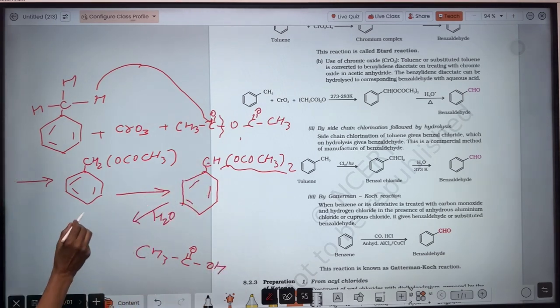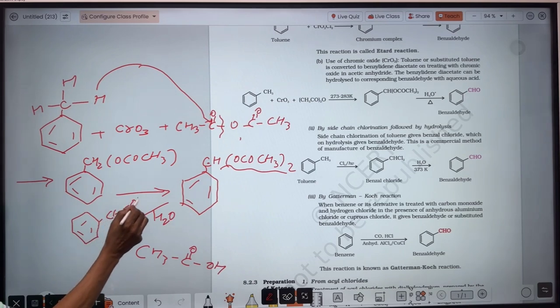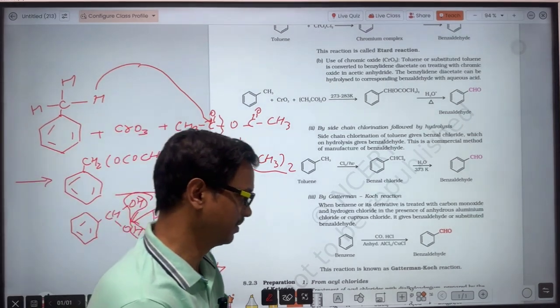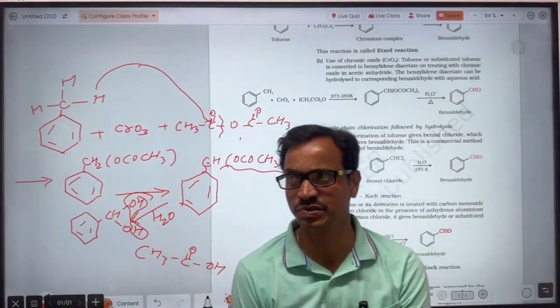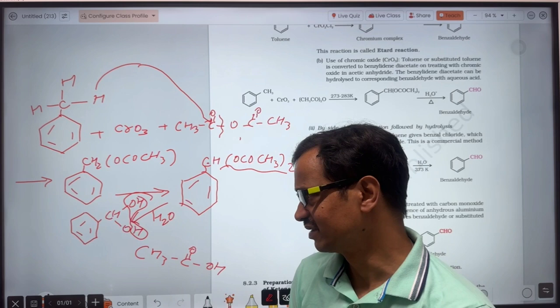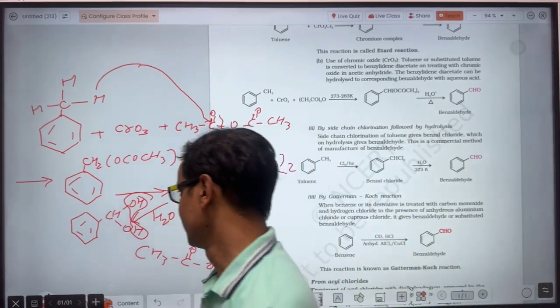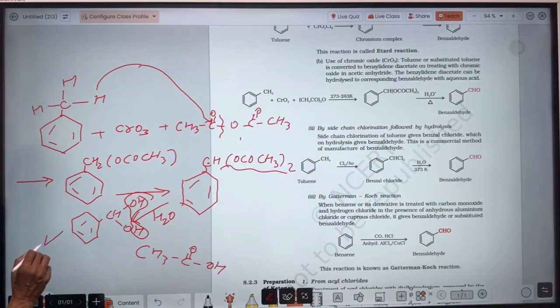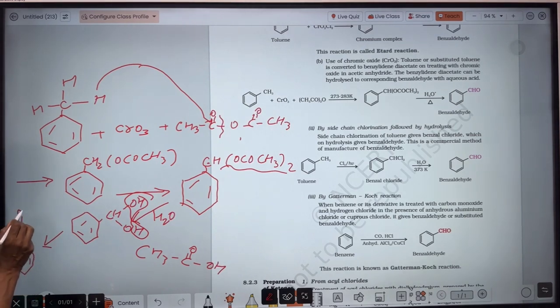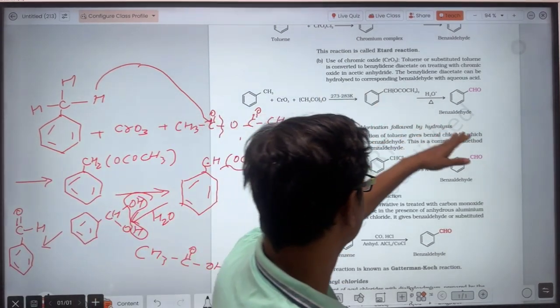And the two OH groups will bond to this carbon. Now, since the two OH groups are bonded to the same carbon, that will release as water. So the structure will be here. That was this reaction.